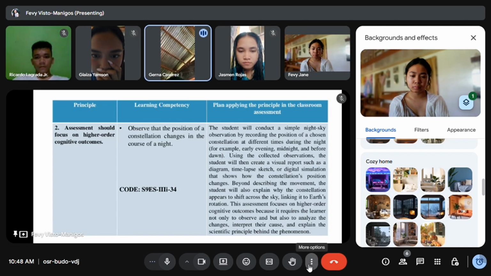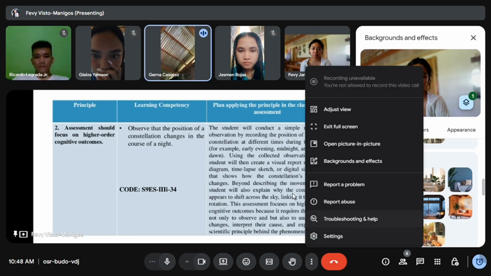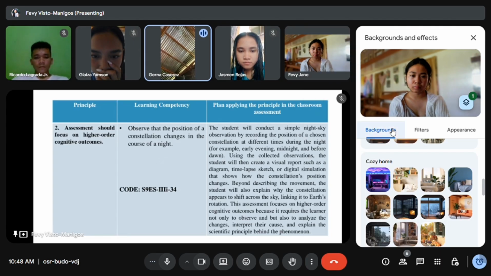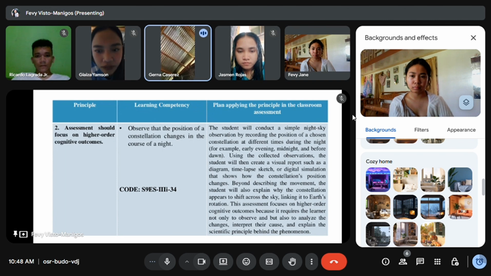This assessment focuses on higher order cognitive outcomes because it requires the learner not only to observe but also to analyze the changes, interpret their cause, and explain the scientific principle behind the phenomenon.